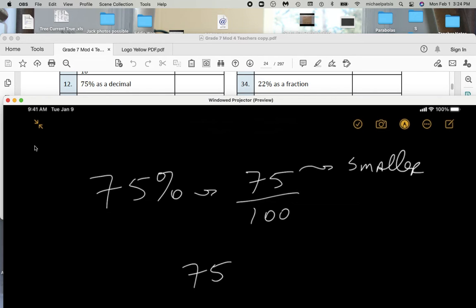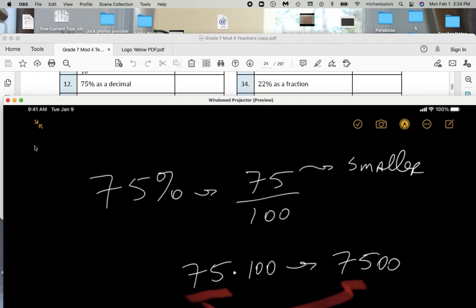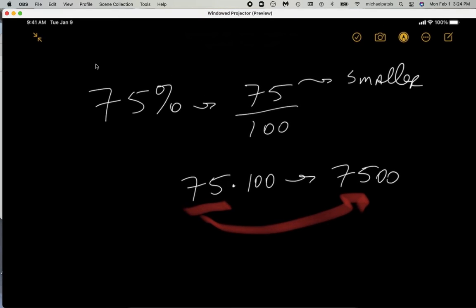So if we had 75 times 100, you would become 7,500. So the 75 got bigger, went from 75 to 7,500. Here, the exact opposite is going to happen. Since we're dividing by 100, we know that that 75 is going to get smaller. Well, how much smaller? Here's the answer.